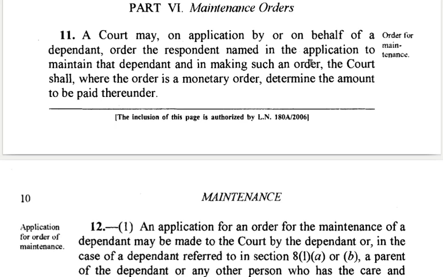Alright, so we continue. This is section 11, order for maintenance. A court may, on application by or on behalf of a dependent, remember now the dependent might be a child or might be an adult who is not able to take care of themselves, but who you are responsible for. It could be your parents, it could be your grandparents.